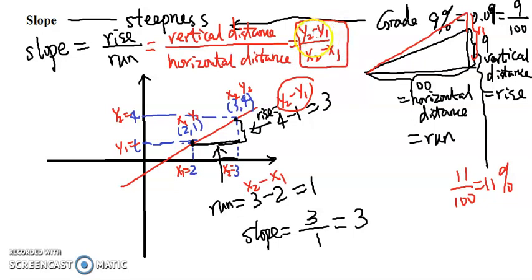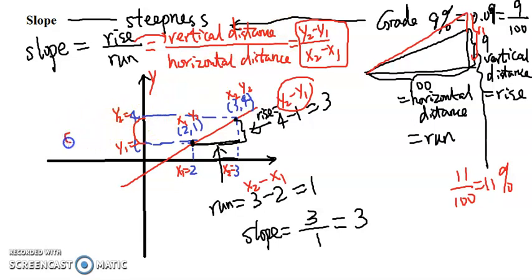When we try to remember this formula, we can remember rise over run. The rise means vertical rise. It's like a vertical distance, and we know the vertical line is called the y-axis. So the rise is like the change of y values. How do you find the change of y value?